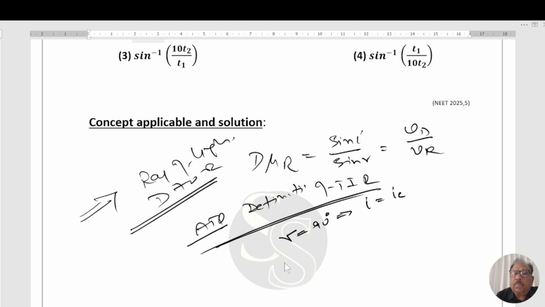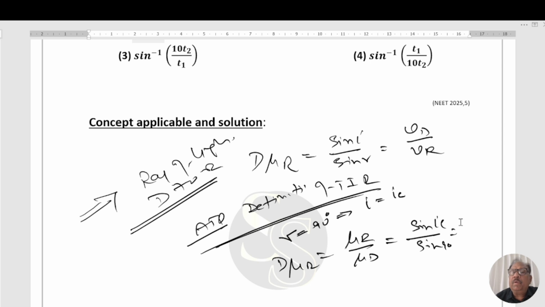So d mu r equal to mu r upon mu d equal to sin IC upon sin 90 equal to Vd over Vr.